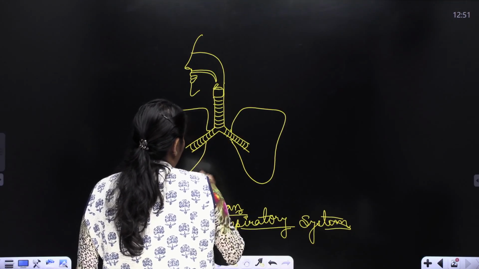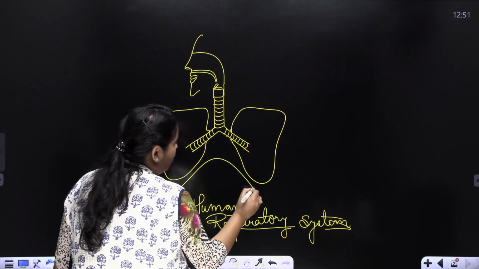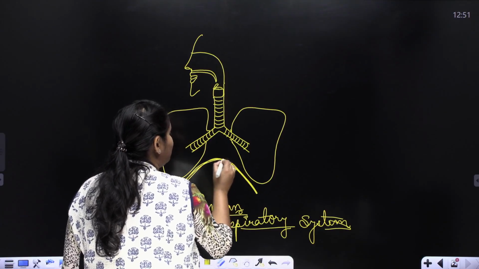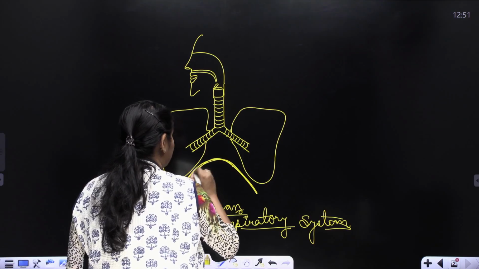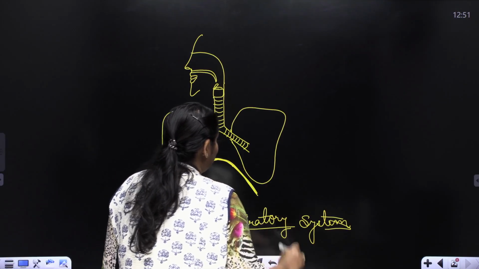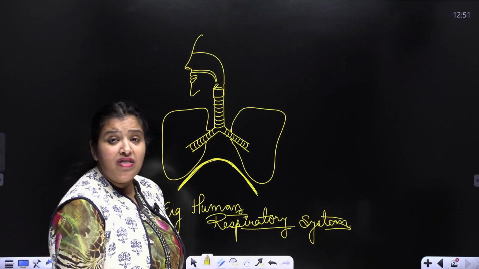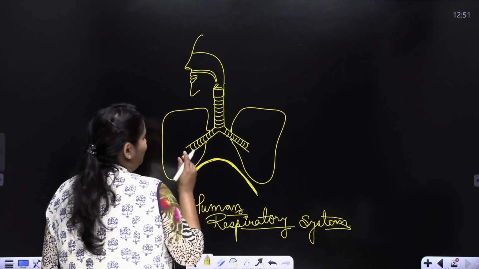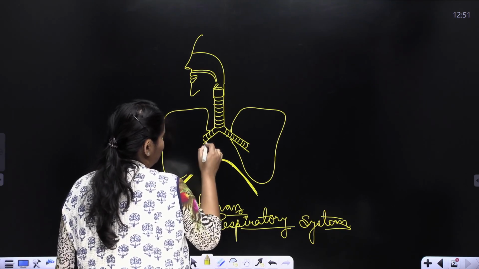And the lungs rest on a muscular sheet which internally divides our body into two parts, the thoracic cavity and the abdominal cavity. Let us quickly label them. First, I'll complete this part.